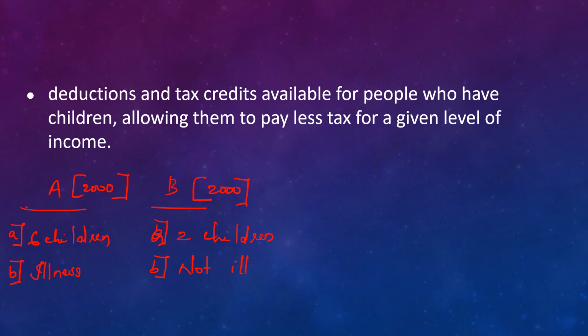So these two situations show that this person has 6 children and is also ill, while this person has only 2 children and is not ill. Based on these two considerations, we can see that A has more expenditure compared to B.